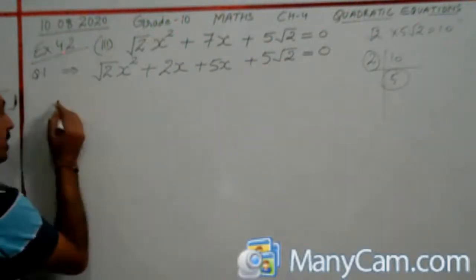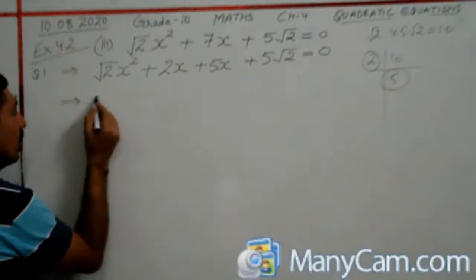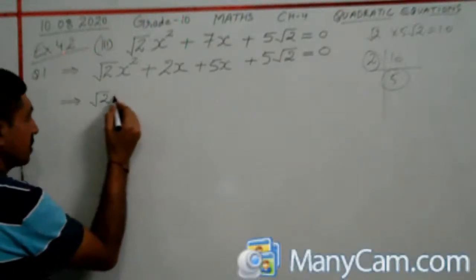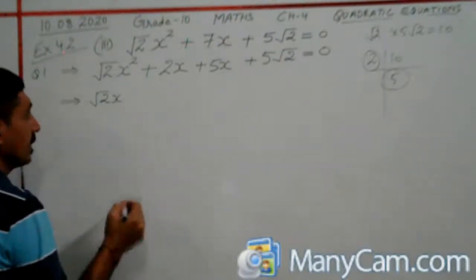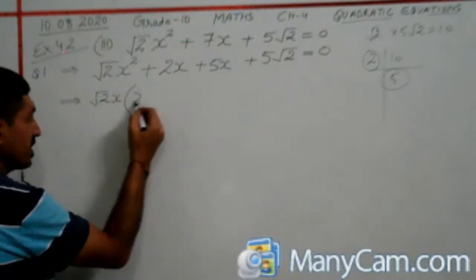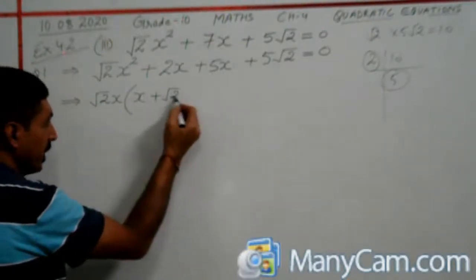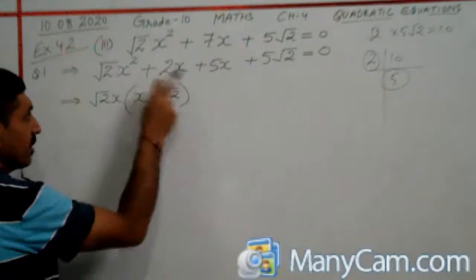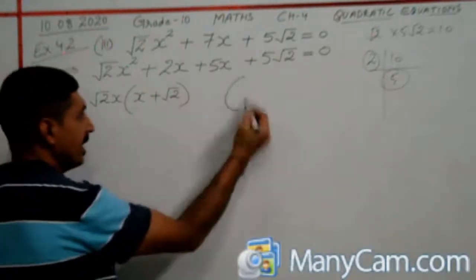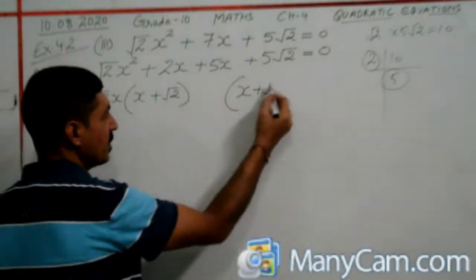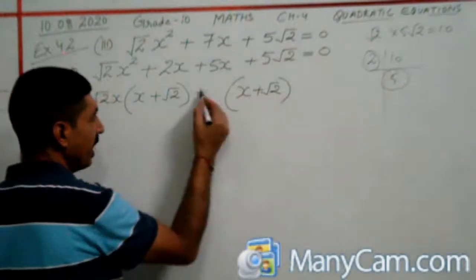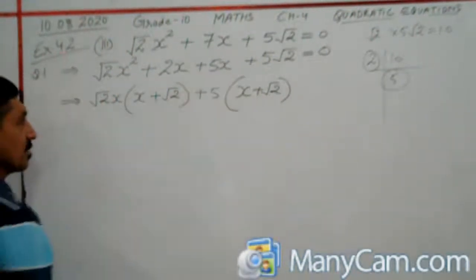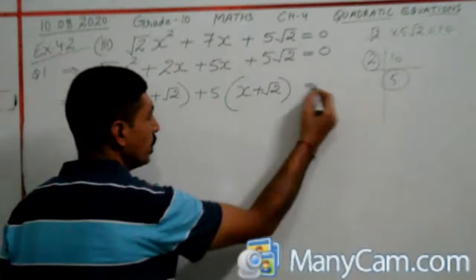Now take common root 2x outside, so it is x plus root 2, because it comes in 2x. Similarly here, x plus root 2, but here we take 5 common outside, equal to 0.